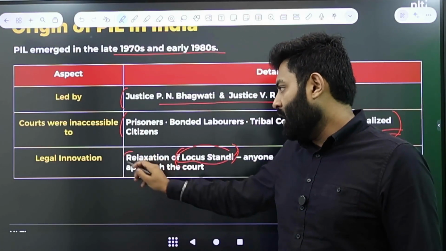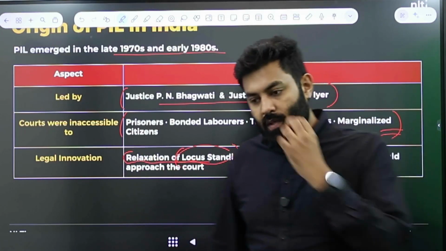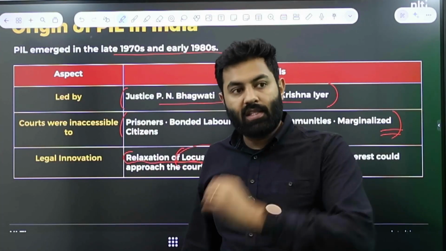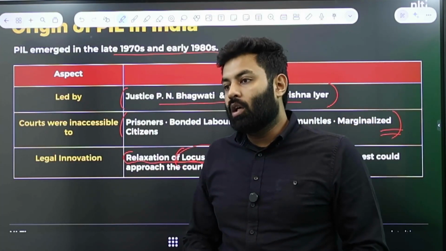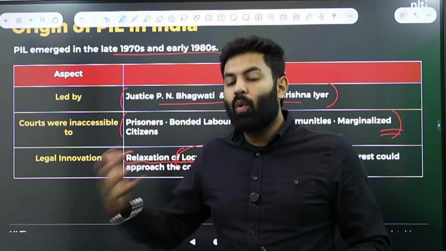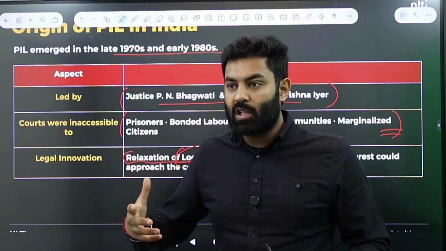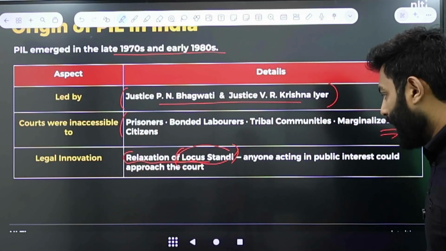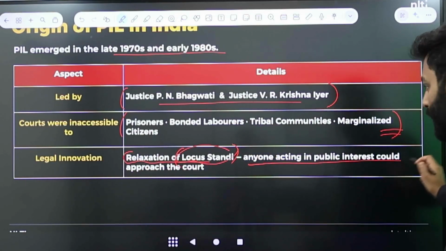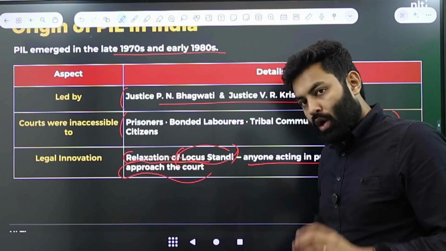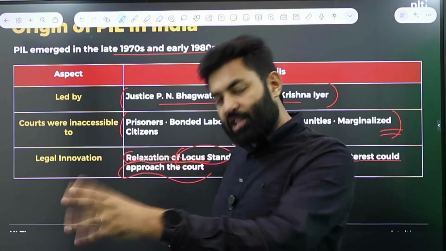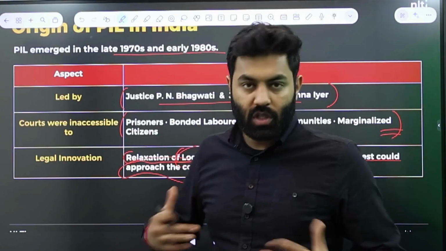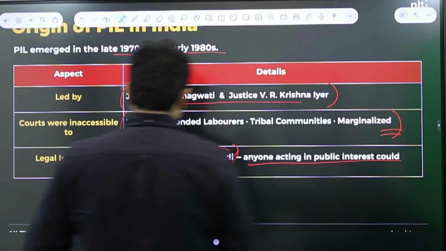But after relaxing the locus standi, a lawyer can stand for someone else, a journalist can stand for a community, a PIL worker or a PIL activist can file a PIL for someone else, right? So this system was relaxed. Anyone acting in public interest could approach the court, not that specific person or specific member of the public. Anyone can approach the court, right? So the locus standi was relaxed.